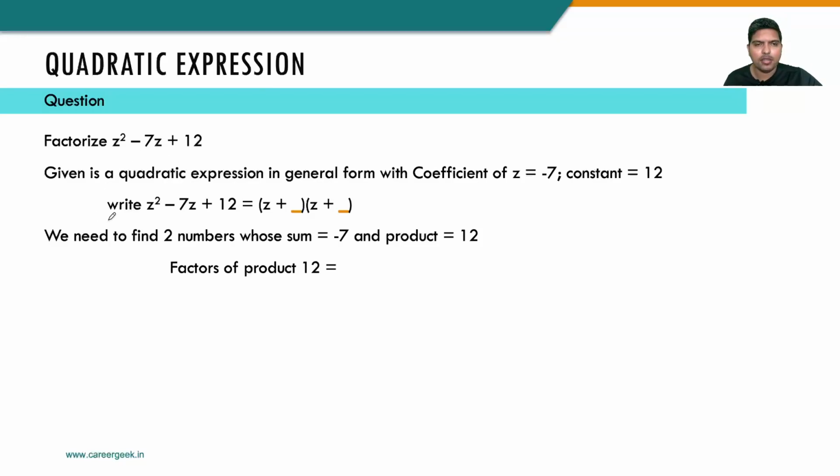In the same way, you can pause it and solve. So something like this: the sum of a and b is -7 and the product of a and b is 12. Let's write the factors of 12. 1 into 12, 2 into 6, 3 multiplied by 4, and the same negatives of it.